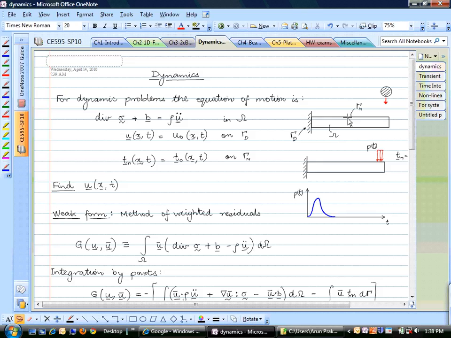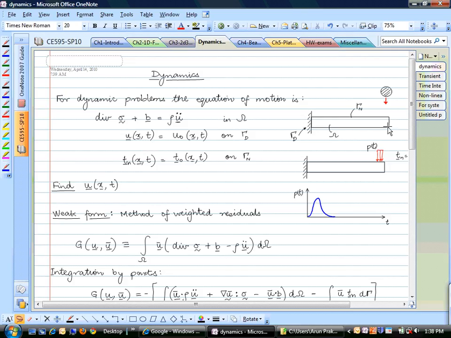So that's the kind of dynamic problem that you could be solving. Obviously the solution u, the displacement at each and every point in the beam, is going to be in general a function of the position x and time. So that's what makes it dynamic.